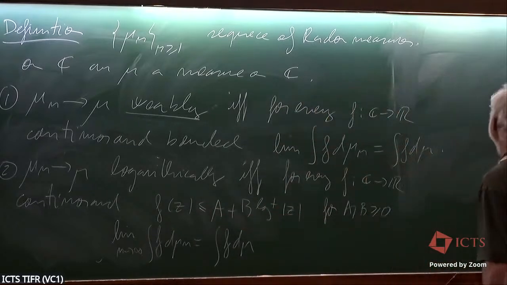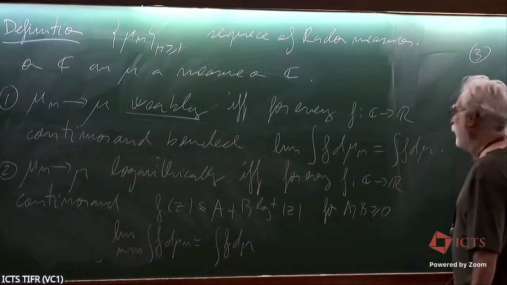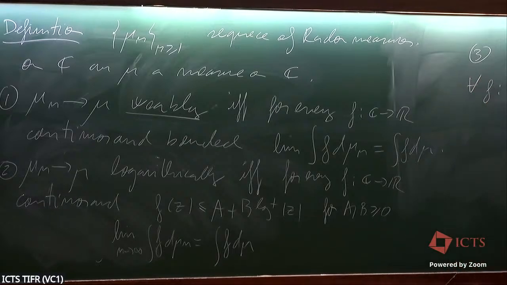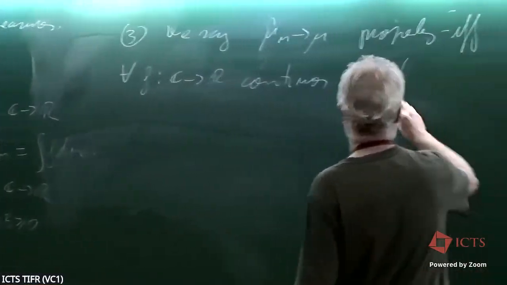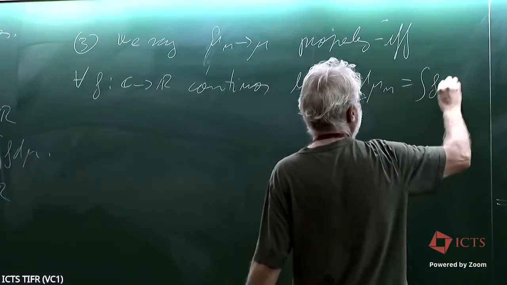And the third definition is that we say that mu n converges to mu properly if and only if for every f from C to R continuous, the limit of the integral of f d mu n is the integral of f d mu.